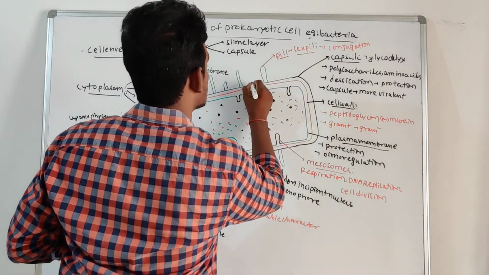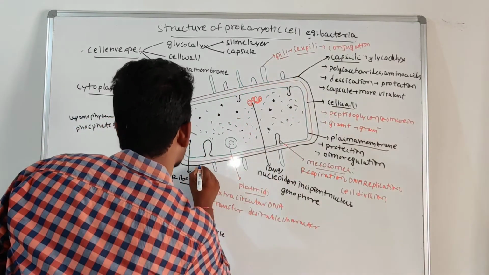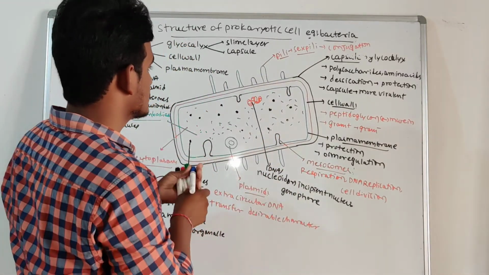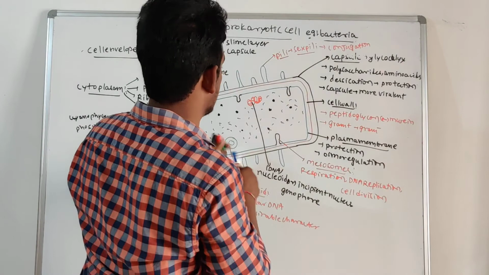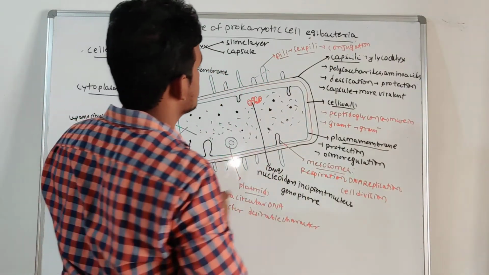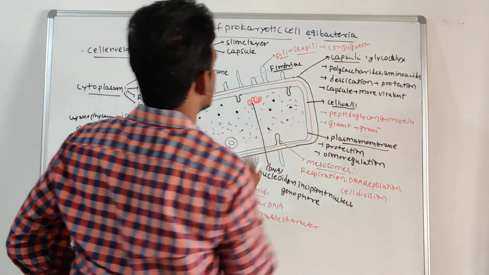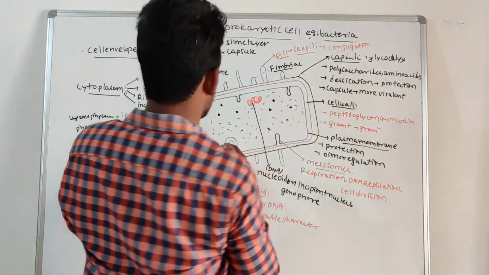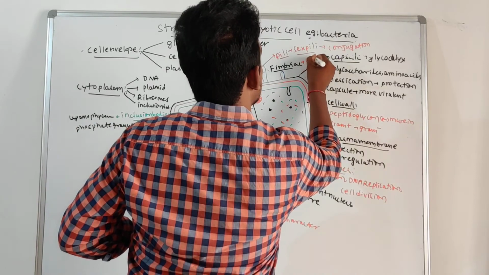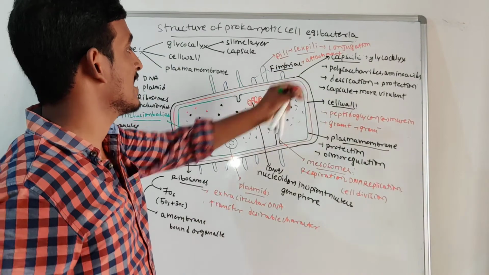Along with the pili, some bristle-like structures are also present. Compared to those structures, these are somewhat short, right? These are called fimbriae. Fimbriae are helpful for attachment.